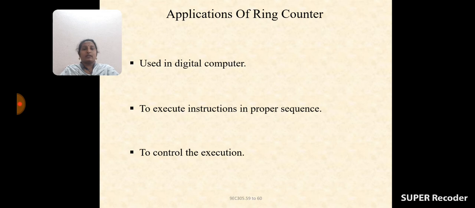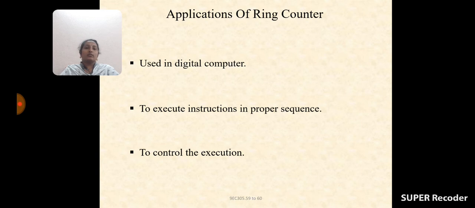Coming to the applications: these ring counters are used in digital computers especially, and also to execute instructions in the proper sequence.